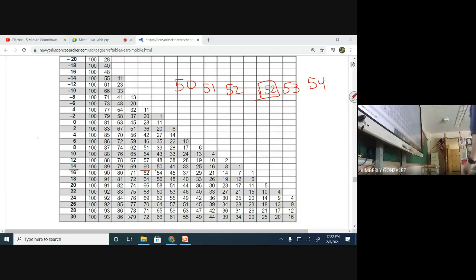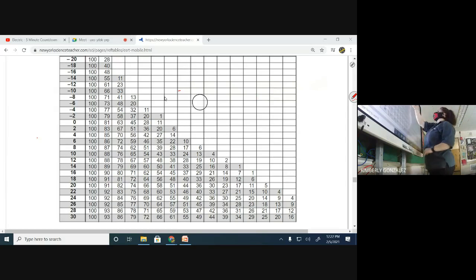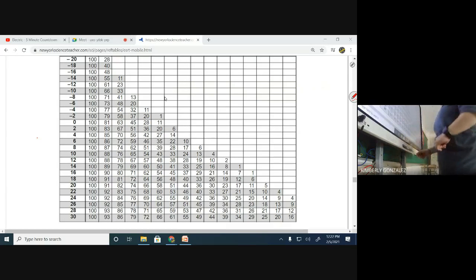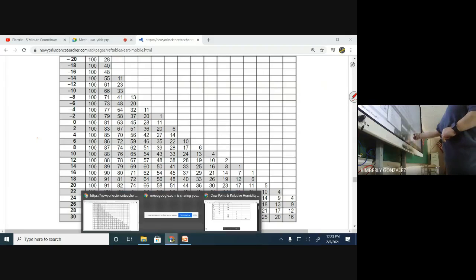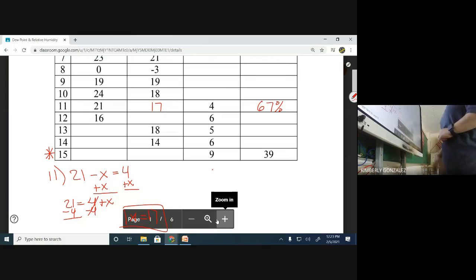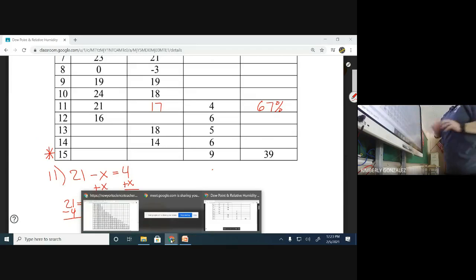Now, before the bell rings, I want to do 15 with you, because this is what throws off everybody. So, 15 says I have no information, but the depression is 9 and the relative humidity is 39. With me so far? Okay, so let's look.